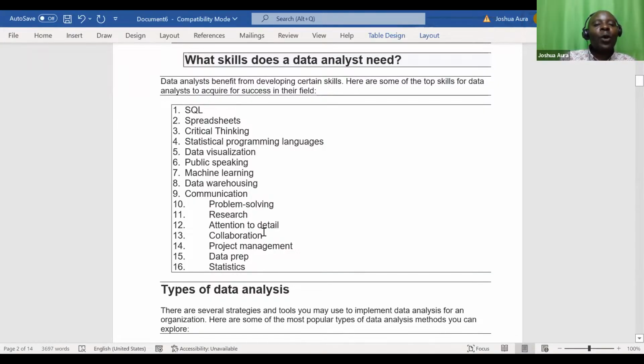Especially when you are doing data mining, it's a project by itself. So you must be good in project management. Then we have data preparation. We have statistics.